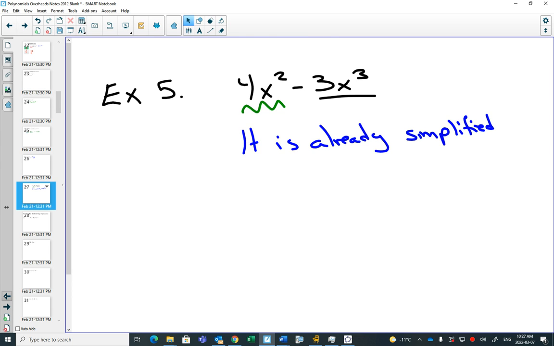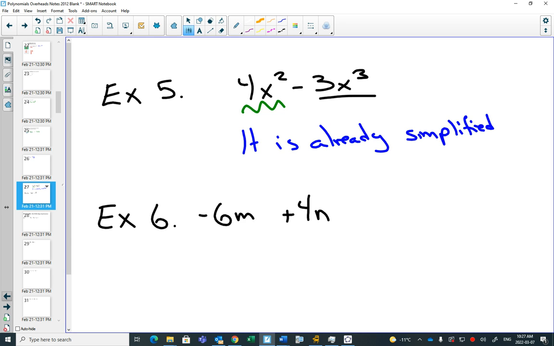Okay, and example 6. In example 6, we have minus 6m plus 4n's minus 5n's and plus 8m's. Do we have any like terms with the 6m? Yes, the 8m. Do we have any like terms with the 4n?